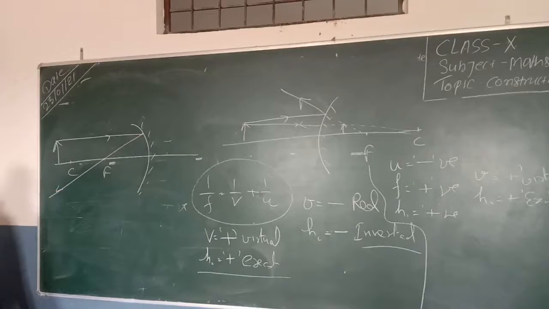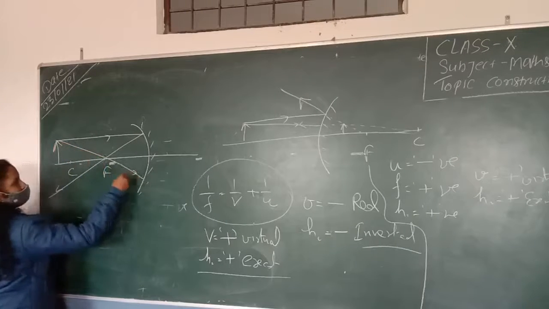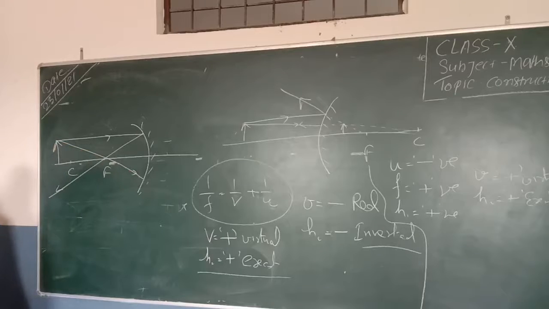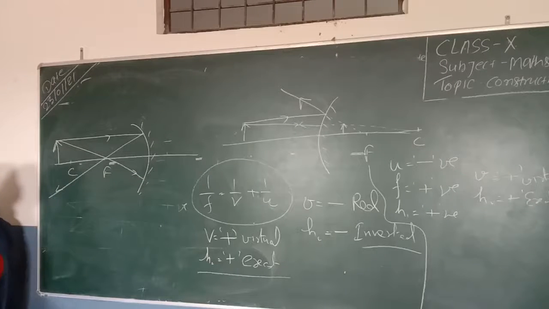Second one: the ray which passes through the focus, after reflection becomes parallel to the principal axis. So first of all tell me where the image will be formed.